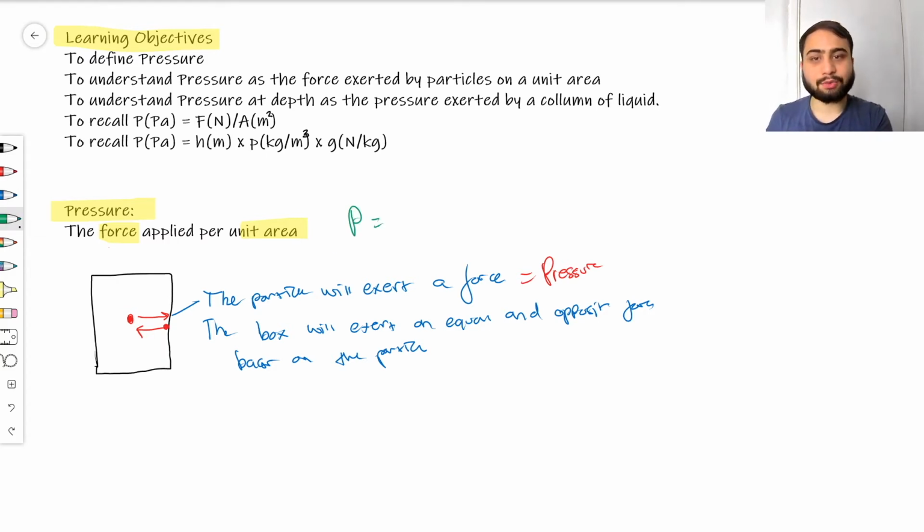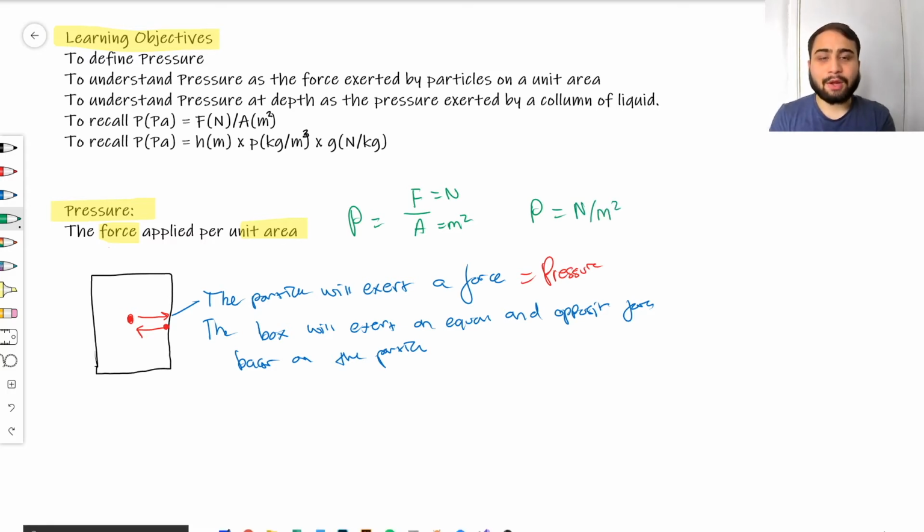Pressure is equal to the force, which is always in newtons, over the unit area, which is in meters squared. So we end up with units for our pressure equation being newtons per meter squared. But that's a bit of an awkward unit, so we have a much more standard unit, which is the pascal. So that's what we really use when we're talking about pressures, pascals.